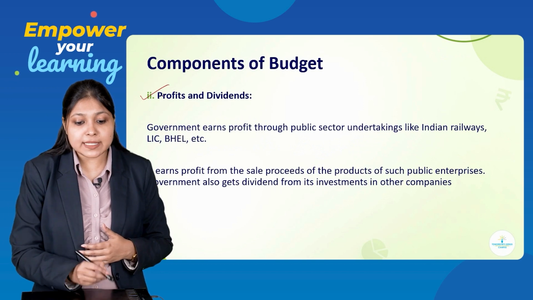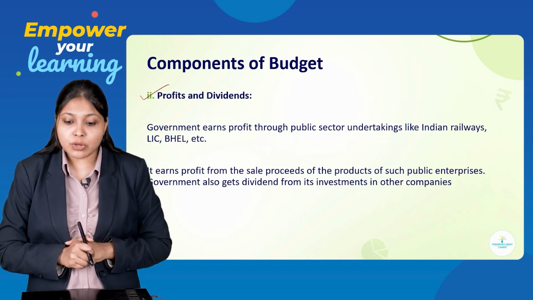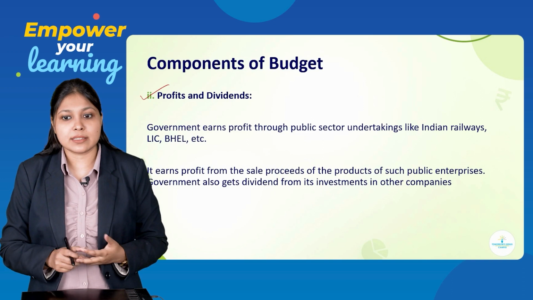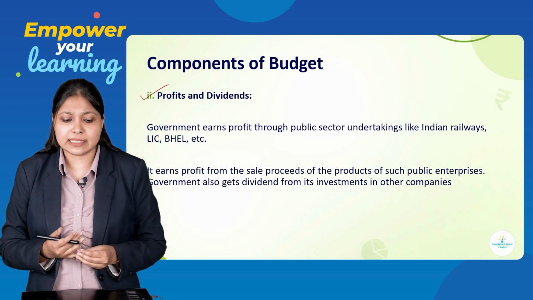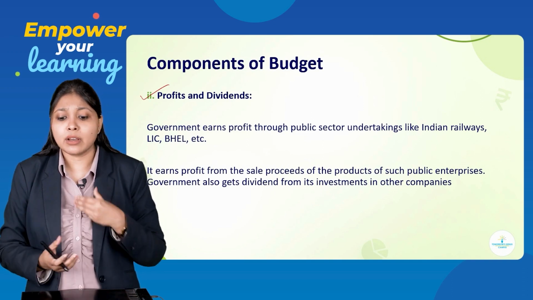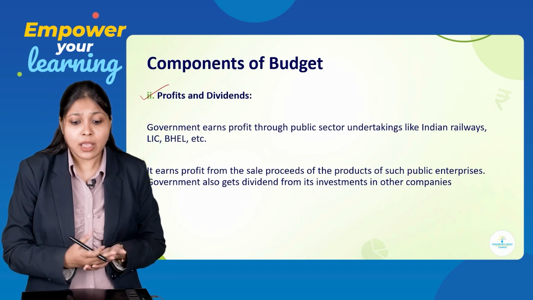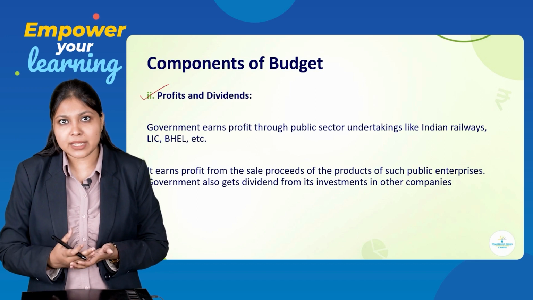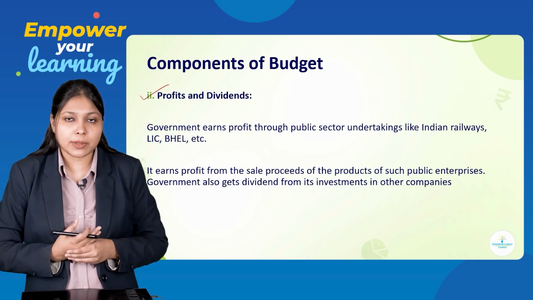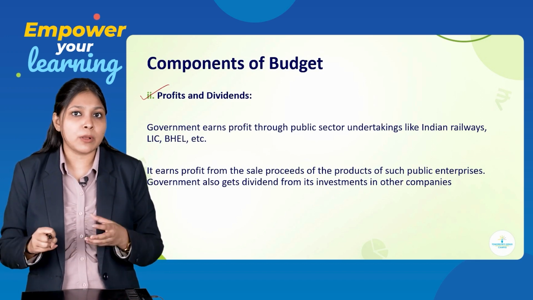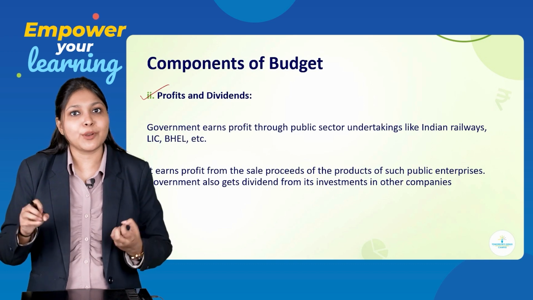Next is profits and dividends. If the government has invested in any public sector undertakings like Indian Railways, LIC, BHEL, all of these are public enterprises, then the government will also receive profits and dividends from those companies.